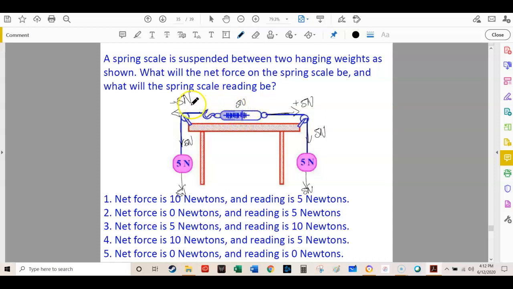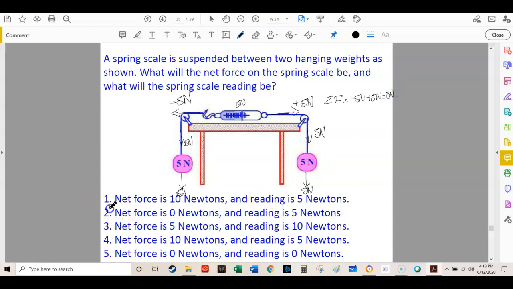But the overall tension on this object, okay, the net force on this entire object is going to be 5 newtons to the left plus 5 newtons to the right, so the total force is going to be negative 5 newtons plus 5 newtons, which is going to be 0, right?